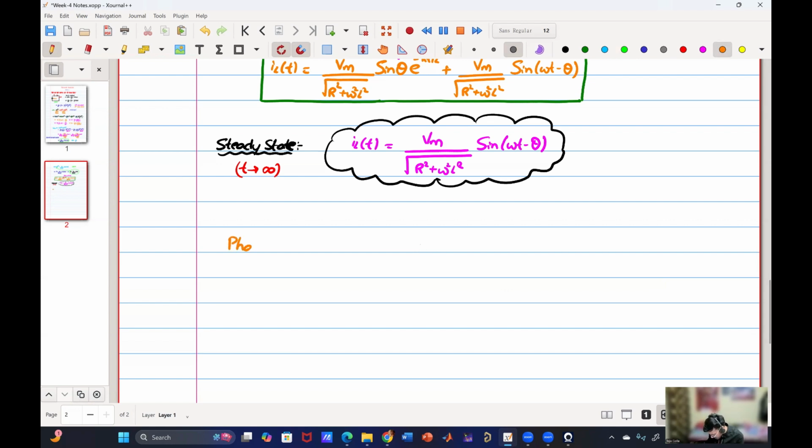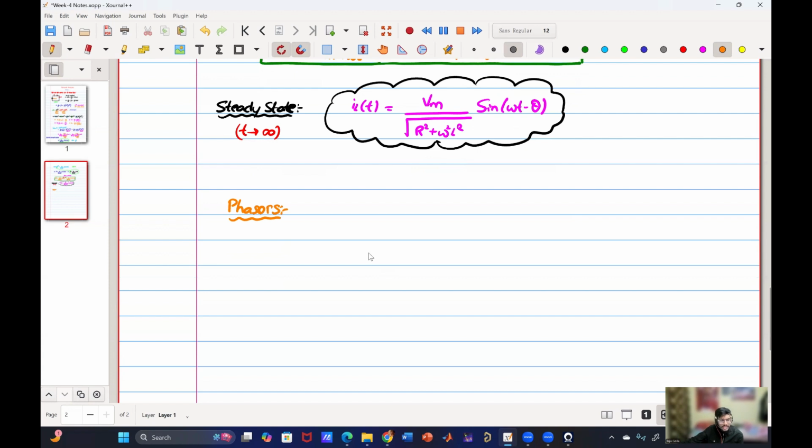I'll give a very basic intro about phasors. So what is a phasor? In electrical engineering, whenever we are solving circuits, we have the j term, which is a complex number. So we write R into e to the power j theta as R angle theta.